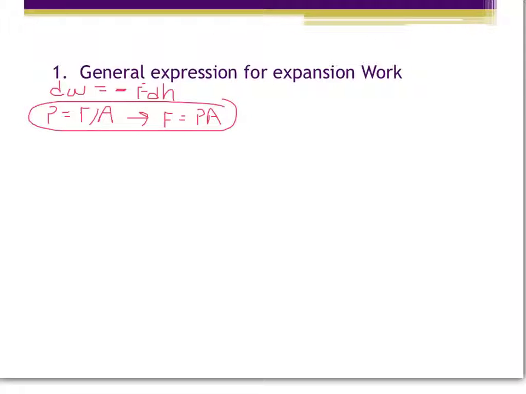Okay, so now if we plug this value in for force, we end up having that the change in work, dW, is equal to negative pressure times area times a change in height.